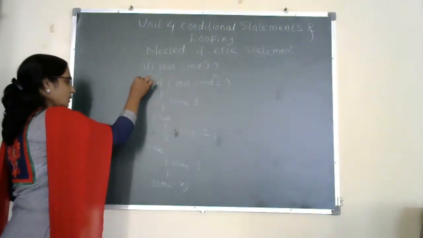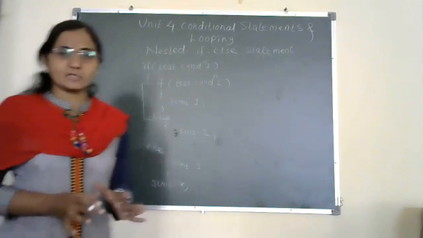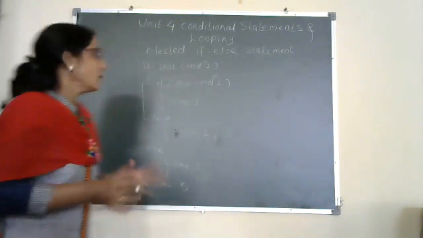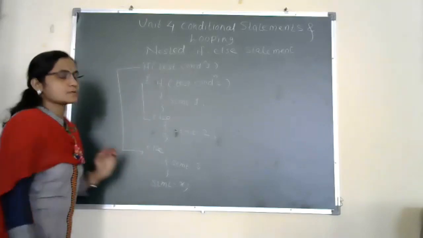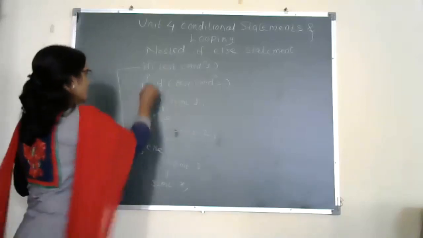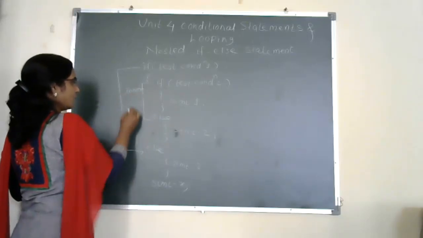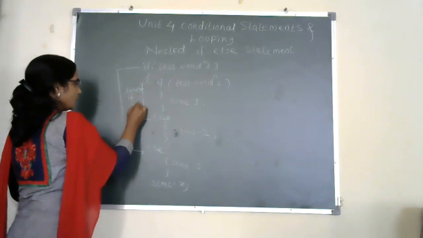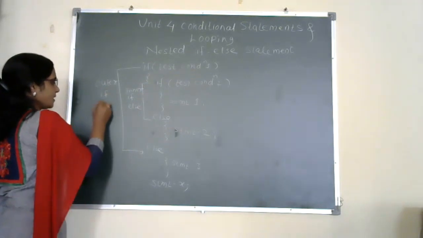Nested means the one if-else statement is completely placed or embedded within another if-else statement, and this is called nesting. So this first bracket is called the inner if-else, and this one is the outer if-else.